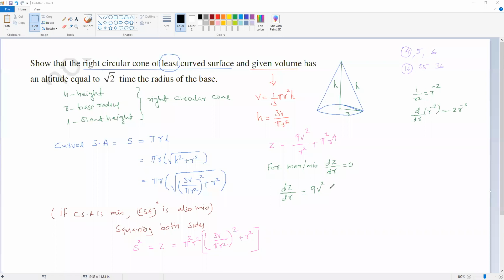So that means -2 r to the power -3, divided by r to the power 3.